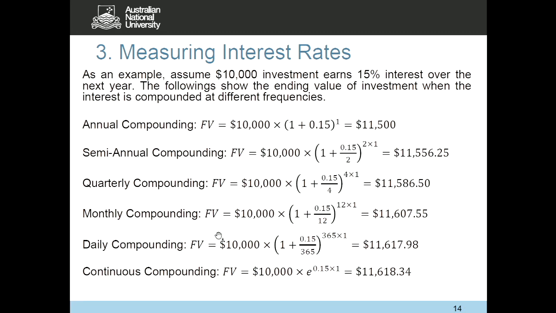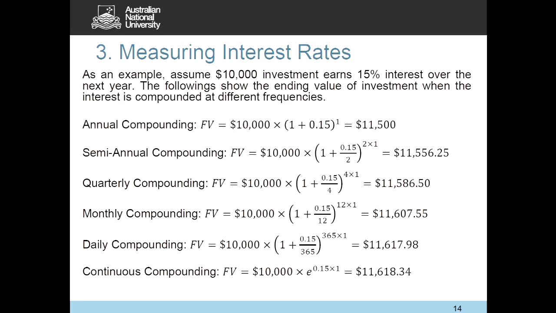Now, when we move all the way to daily compounding, if we use the notation M to denote the frequency at which the interest rate is compounded, that's M equal to 365, and that's going to happen 365 times in a year. Now, what if I take that M in the denominator and in the power here to the limit? What if I compound at an infinitely small time interval?